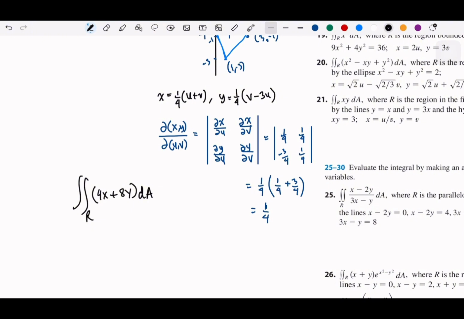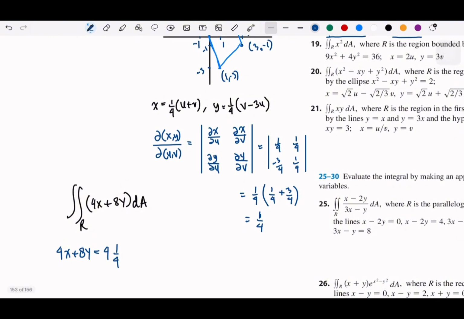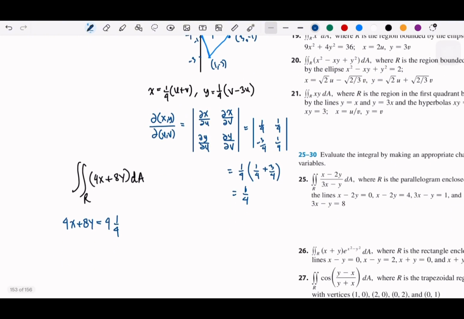All right, so we change it. Let me write 4x plus 8y. So 4x plus 8y becomes 4 times 1 over 4 times (u plus v), and then plus 8 times 1 over 4 times (v minus 3u).